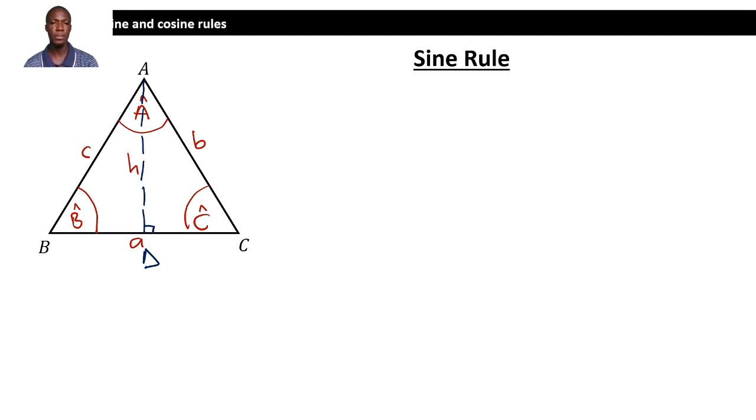That said, if I want to find the height of this triangle, I now have the opportunity of using right angle triangle, because if I look at triangle ABD, it is a right angle triangle. Also, if I look at triangle ADC, it is also a right angle triangle. So from either side, I can find the height.